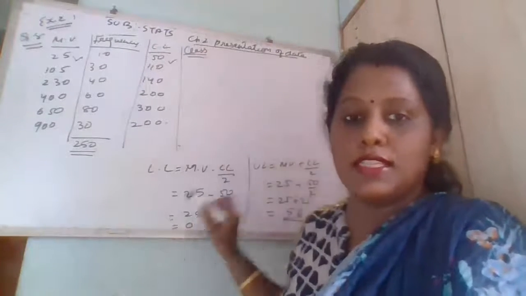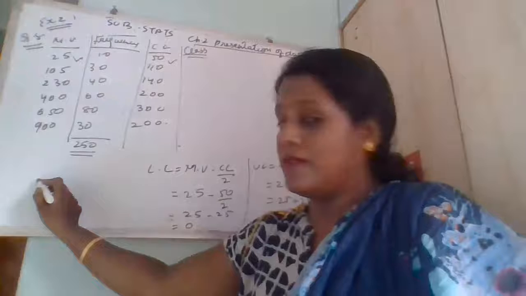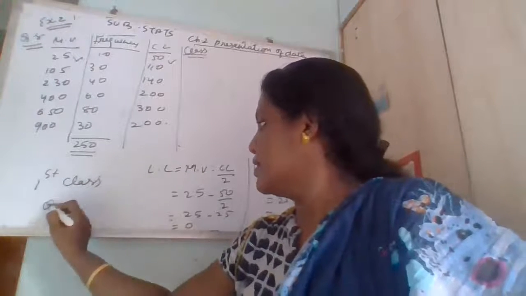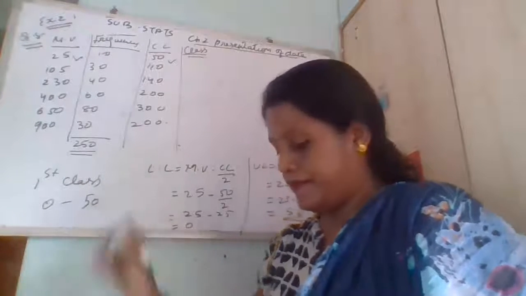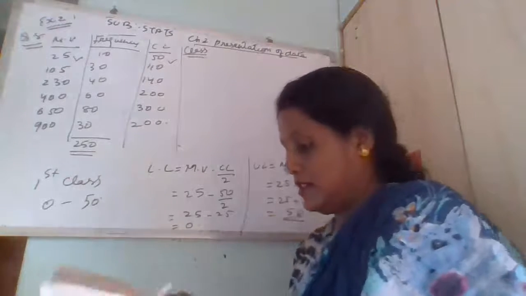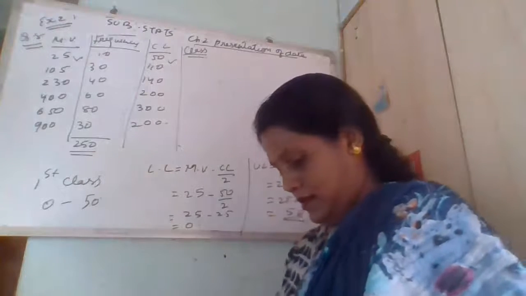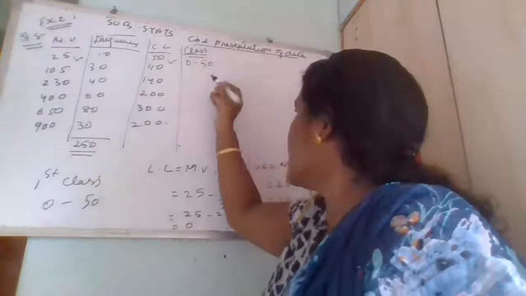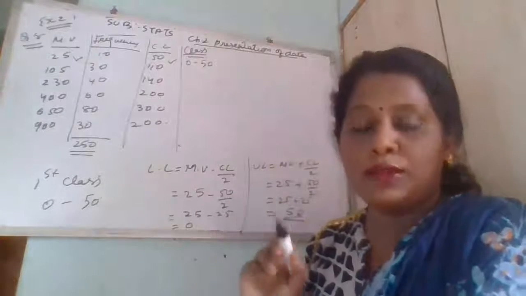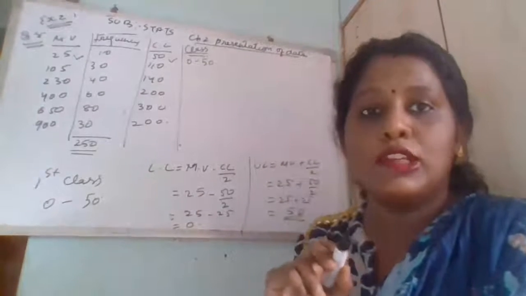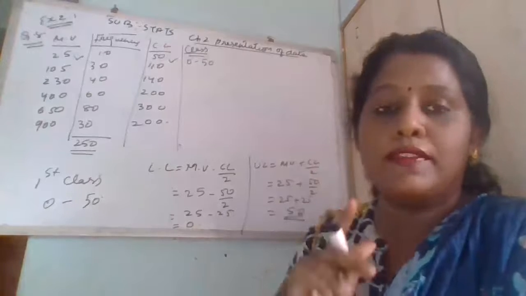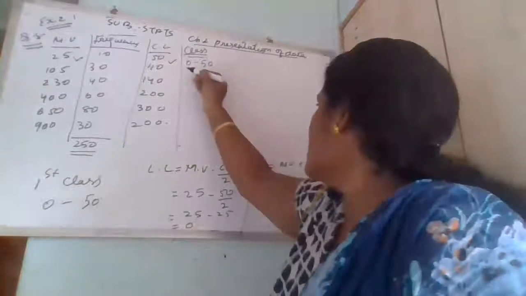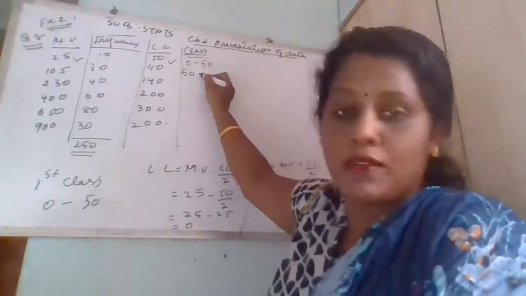So our first class is 0 to 50, right? They have not told us whether to find inclusive or exclusive, so whenever it is not given, we will always go for an exclusive class. So we will repeat 50 over here.